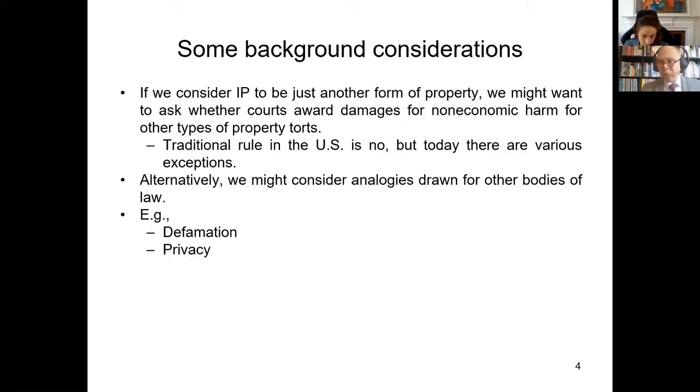In the modern world, where we have various statutory causes of action as well that might address things like identity theft, courts even to this very day are struggling with the question of whether merely mental injuries should suffice as a cognizable harm for purposes of violations of various privacy claims.